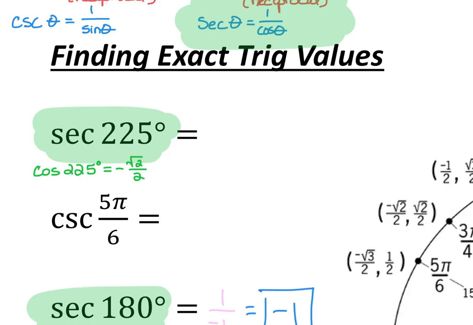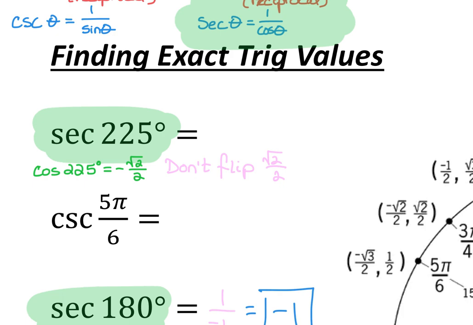So now the radical 2 over 2 is a little bit more confusing. Let me say, don't do this. Don't flip radical 2 over 2.